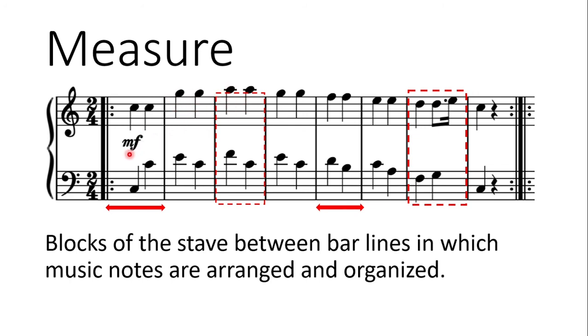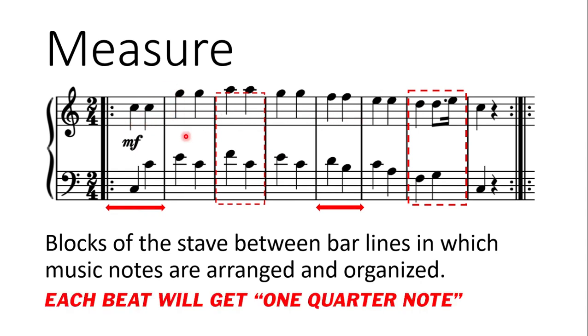So when you are reading this, 1, 2, 1, 2, 1, 2, 1, 2. Each of the beats gets the quarter note. There are 2 arranged in all of them.